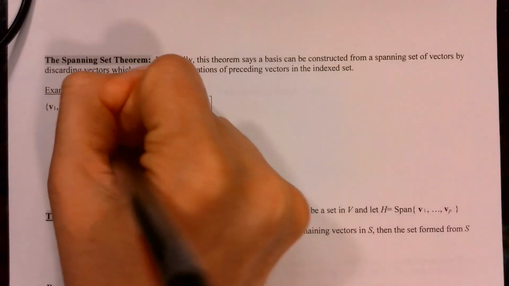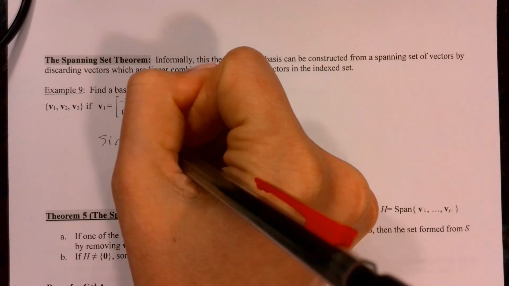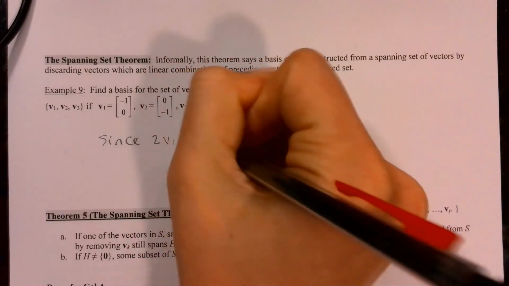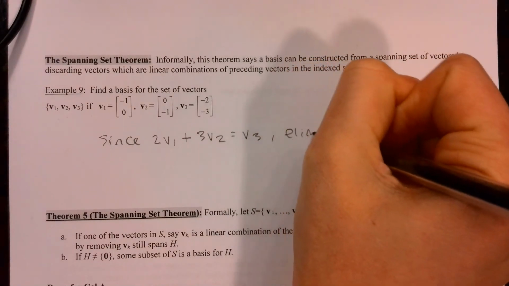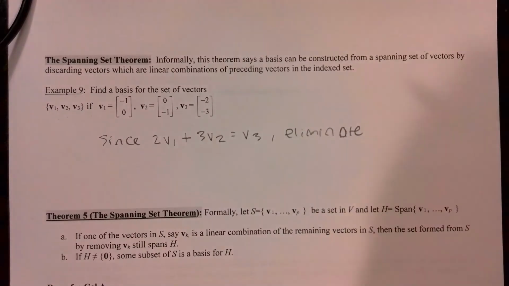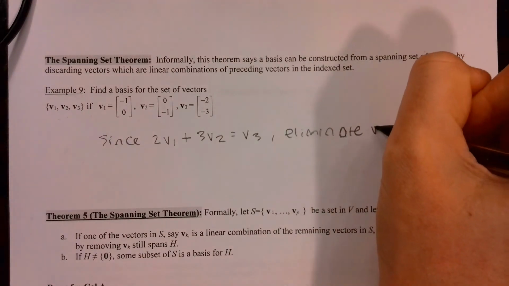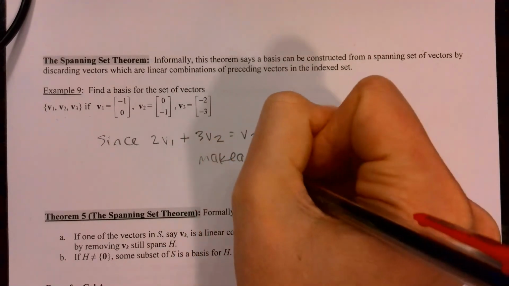So here, since we can observe that 2 times v1 plus 3 times v2 would be equal to v3, we eliminate v3 to make a basis.